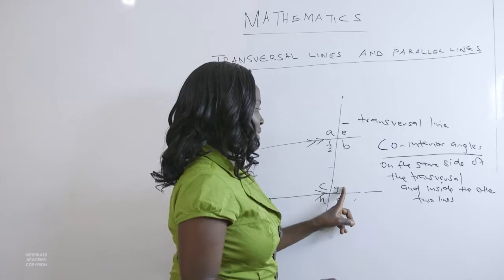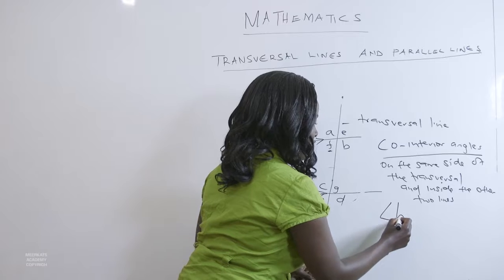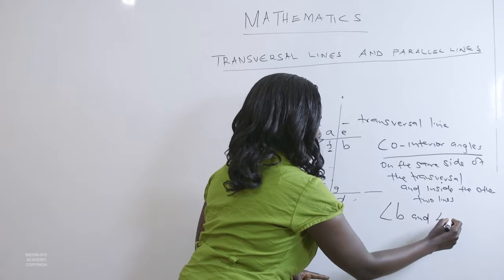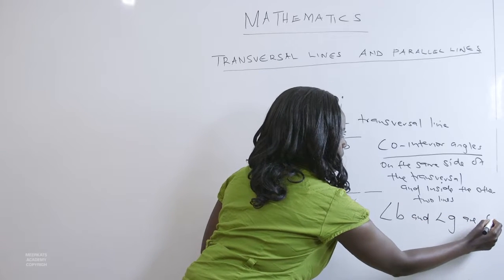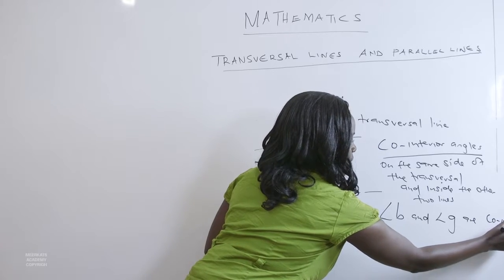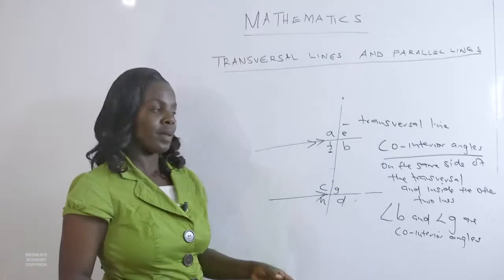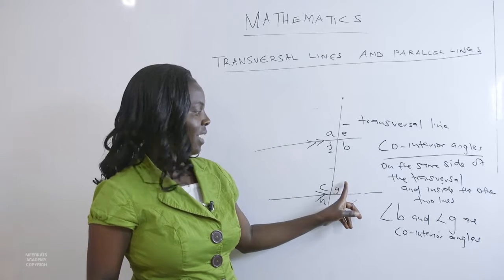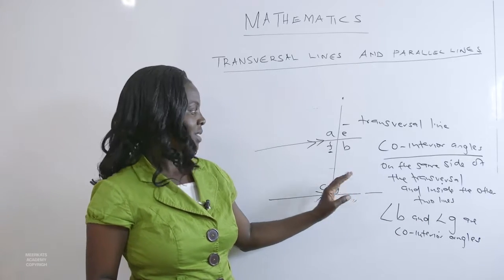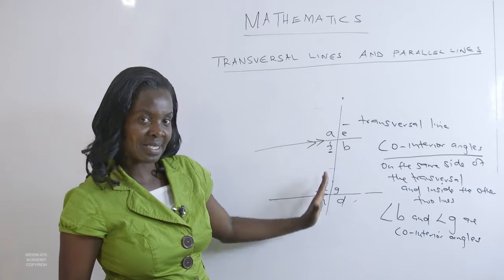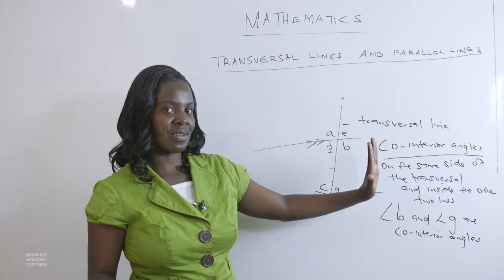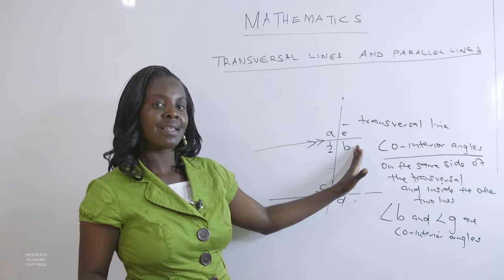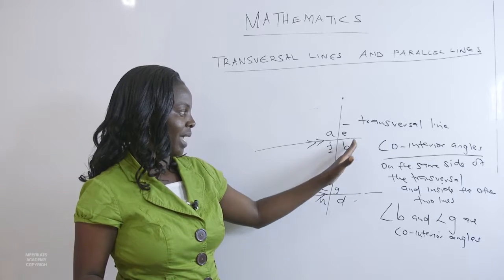From here you can see that angle B and angle G, these two angles here are co-interior angles. They are on the same side of the transversal. This is the transversal, same side of the transversal, and they are inside the two lines.